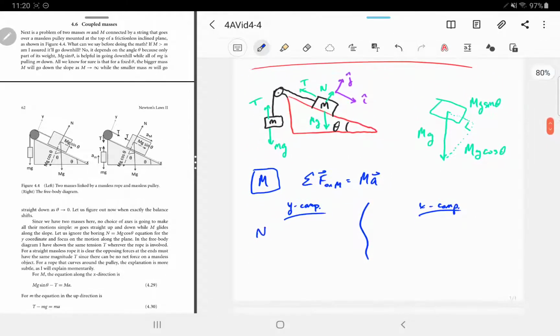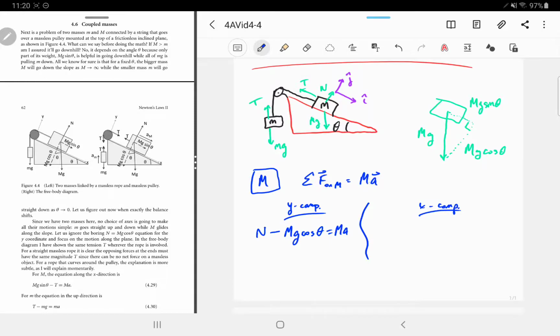Let me zoom out a little bit. Okay, so that's N, and then there's only one other force that has a y component, and that's the y component of gravity, which is in the negative j hat direction. So this is going to be N minus capital Mg cosine theta is equal to Ma.